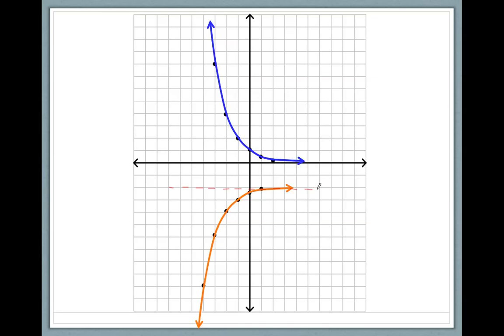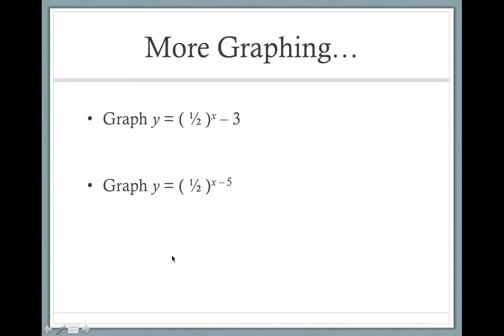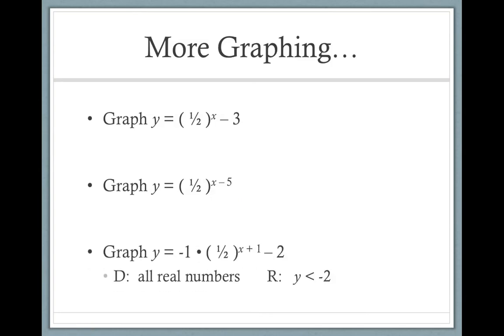But because we reflected, our graph is not above the asymptote now, it's below the asymptote. So our range for this case is going to be y less than -2, because now our graph is below our asymptote, not above it.